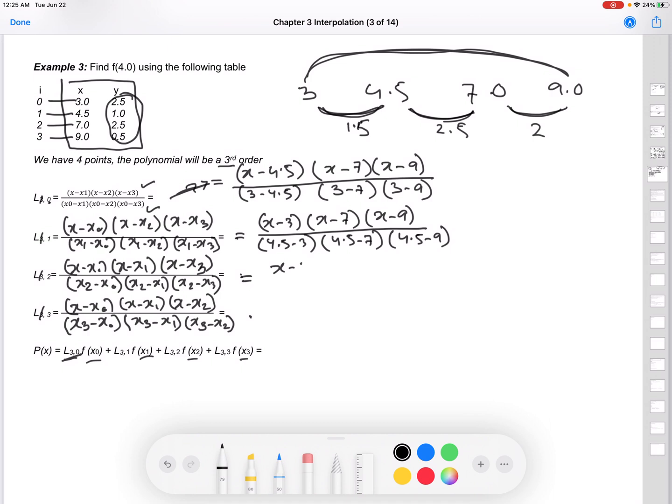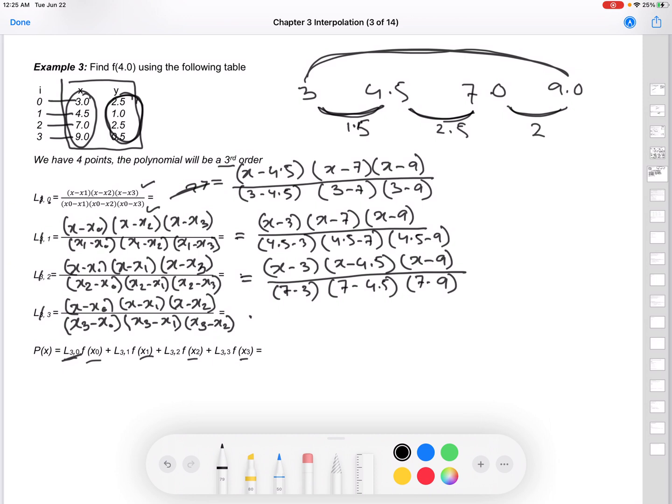x minus 3, x minus 4.5, x minus 9, dividing by, simply we are using the values, these are the x values and these are the y values. Okay, so x minus x0, x minus x1, x minus x3, we are dividing by x2 minus x0. x2 is 7, 7 minus 3, 7 minus 4.5, 7 minus 9.